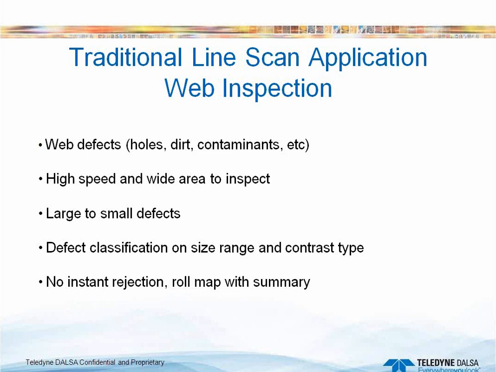In some webs there is no instant rejection, because you're either extruding film or making paper at high speed, and there's no way you can stop the process because there's a lot of pre-process leading up to when you get to inspect the final product. So what you end up doing is generating a roll map with a summary that gives you a map of where the defects are, both vertically and horizontally.